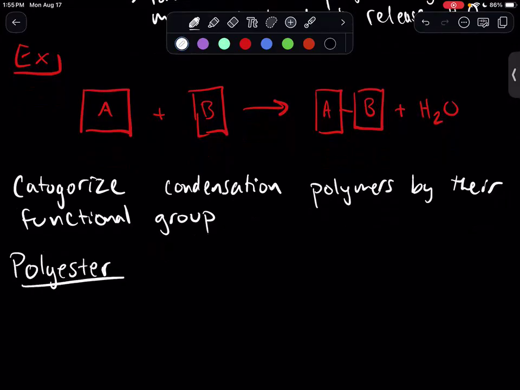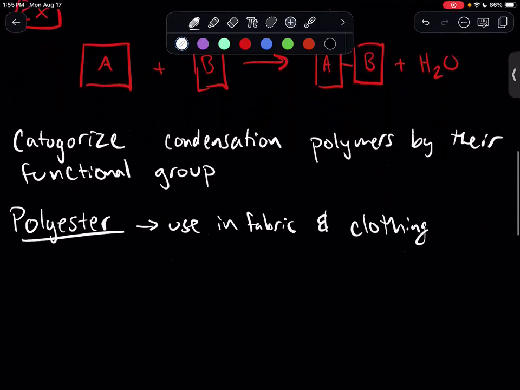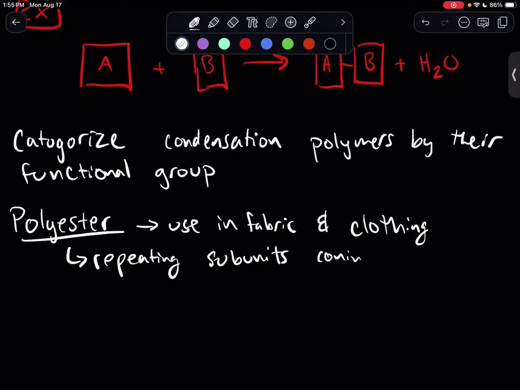esters, or what you might know as polyester. So that polyester, what's generally used in fabric and clothing, is nothing but repeating subunits containing esters.